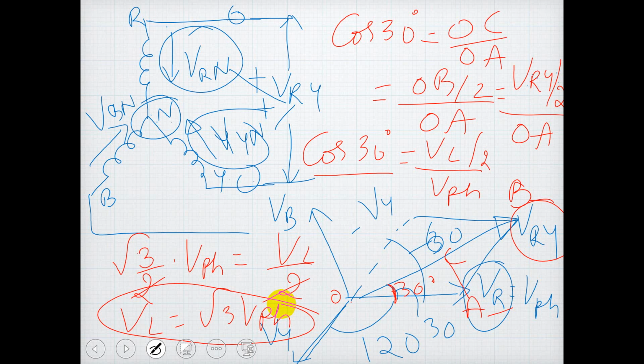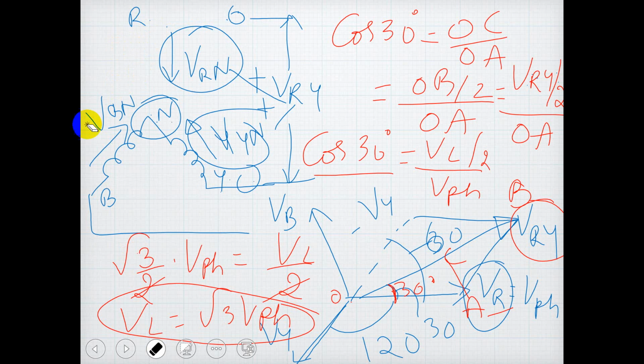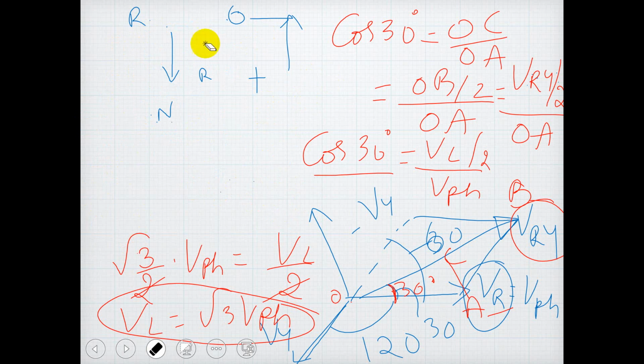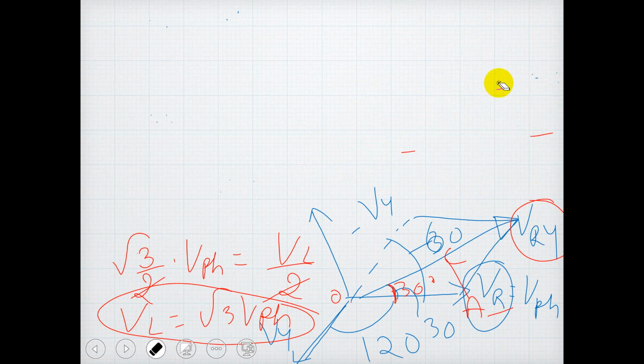Now, what is the power consumed by this three-phase circuit in star connection? So let us derive the power consumed here. So if I want to write what is power consumed in star connection, power consumed P is equal to 3 times, because 3 lines we are talking, correct?